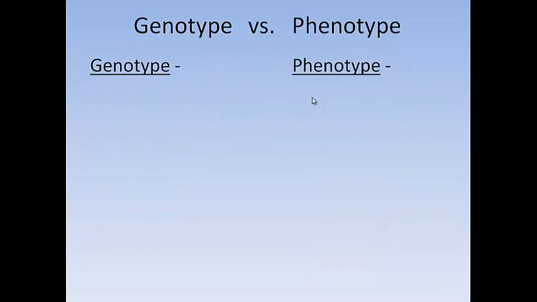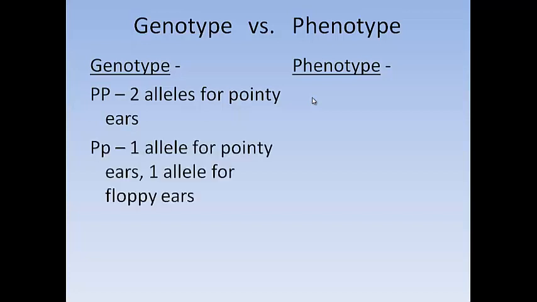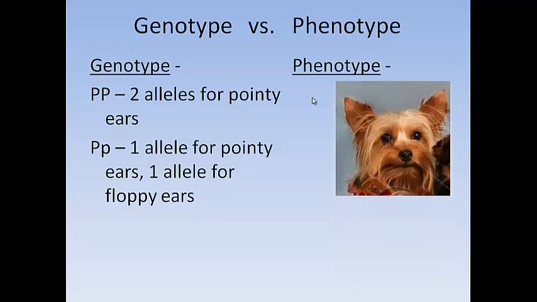Okay, so let's look at some differences here. Here's a genotype, 2 capital P's. It's 2 alleles or 2 versions of the gene for pointy ears, right? Here's another genotype, capital P, little p, 1 dominant version and 1 recessive version of the gene for pointy and floppy ears. A dog that has either 2 capital P's or a capital P and a little p is going to have pointy ears.